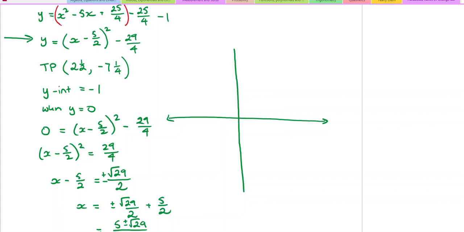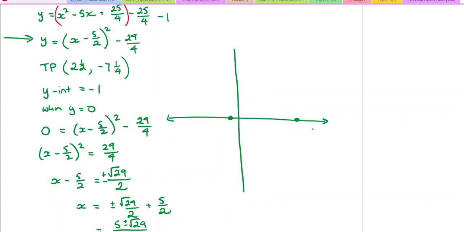Now, even though we have to keep that in exact form, if you wanted to, you could put that into your calculator, just so you know approximately where to put that. But our diagrams are not to scale, so it doesn't really matter if it's not perfect. But it is approximately negative 0.2, so it's quite close to the y-axis there. And then the 5 plus square root of 29 over 2 is about 5.2, so it's much further over here.